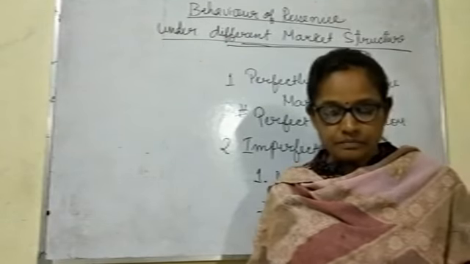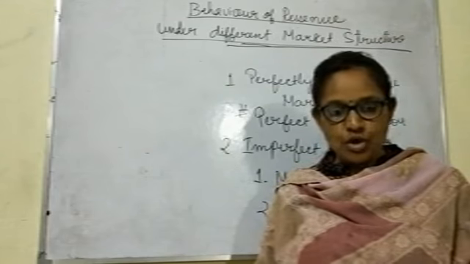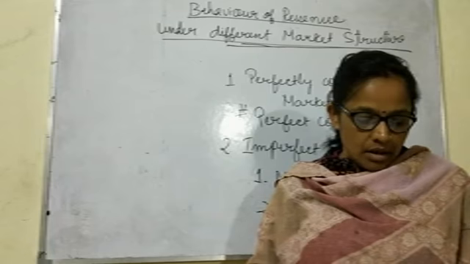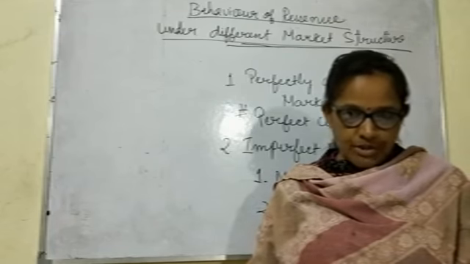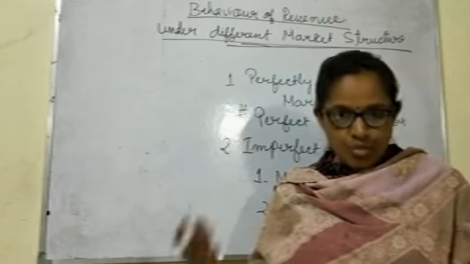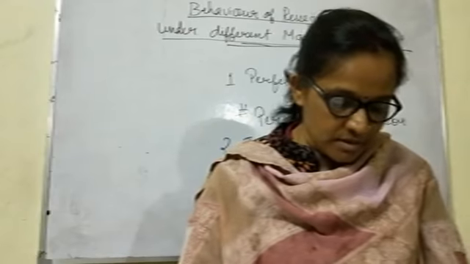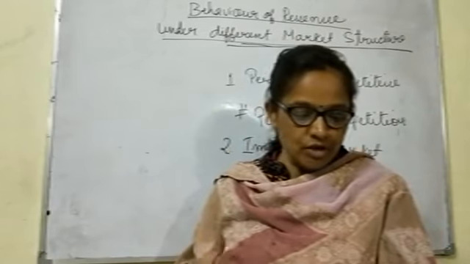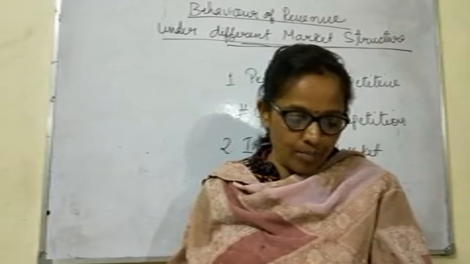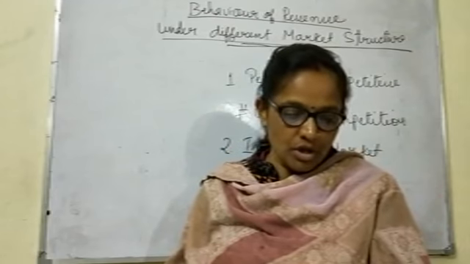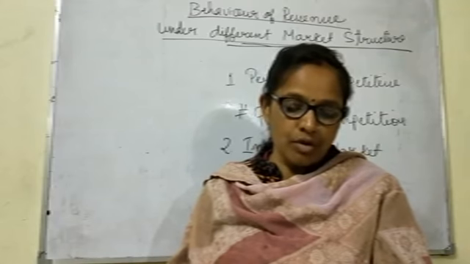So today, let me first explain what is perfect competition and what is imperfect competition. Is it clear to all of you? Now, first try to understand perfect competition. What do you mean by perfect competition?